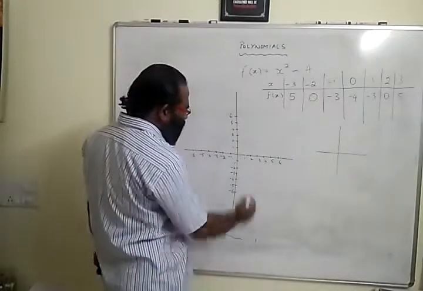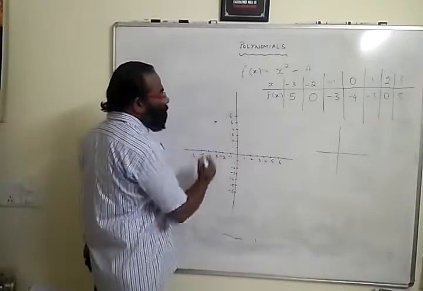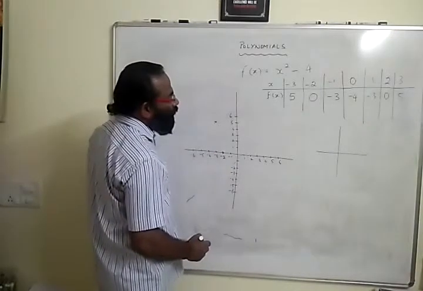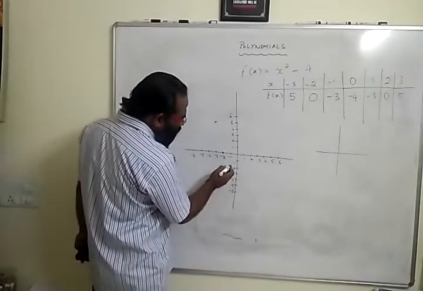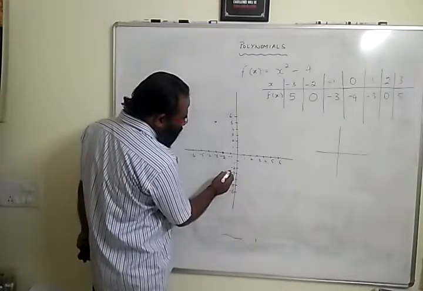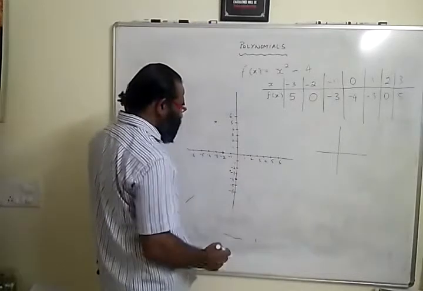Minus 3, 5. Minus 2, 0. That is this point. Then minus 1, minus 3. That is over here. And then 0, minus 4.